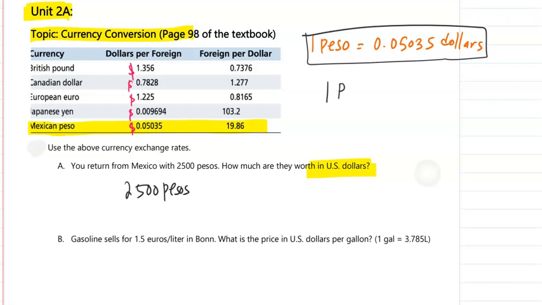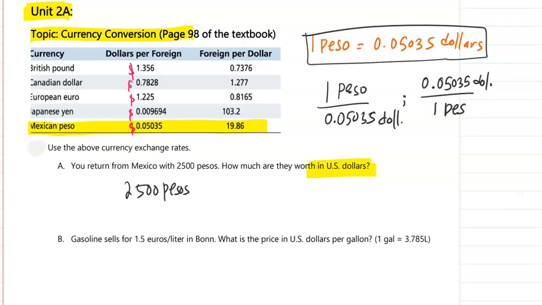The fractions are 1 peso equals 0.05035 dollar, I just write DOLL here, and our other fraction is 0.05035 dollar divided by 1 peso. These are called unit fractions because the value of each fraction is 1.